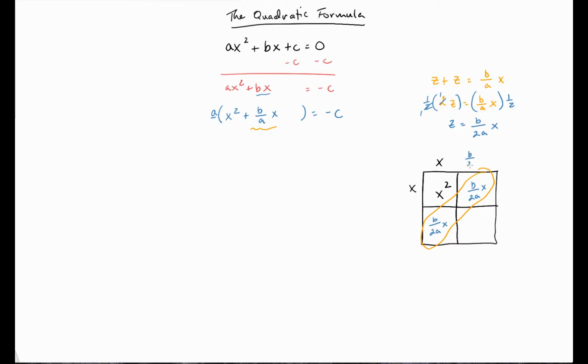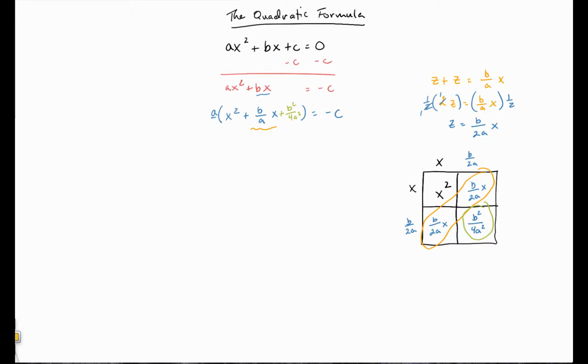It's going to be b over 2a here, and b over 2a there. And then that leaves me with b squared over 4a squared here. So that's the number I need. So I'm going to go ahead and add that in right here.